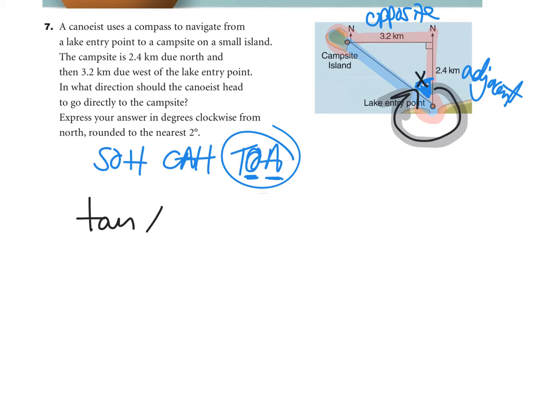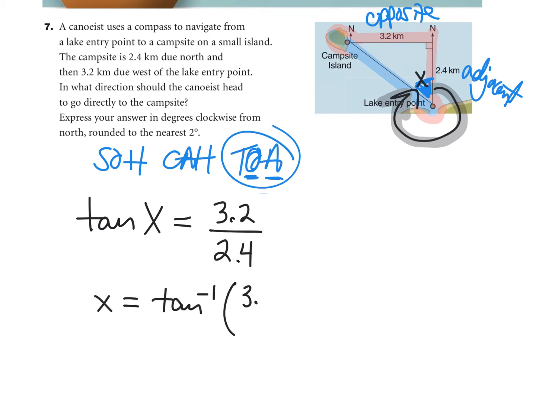So the tan of angle x equals the opposite length of 3.2 over the adjacent length of 2.4. To solve for the angle, we're going to do the tan inverse of this ratio, 3.2 over 2.4. So that's the calculation.